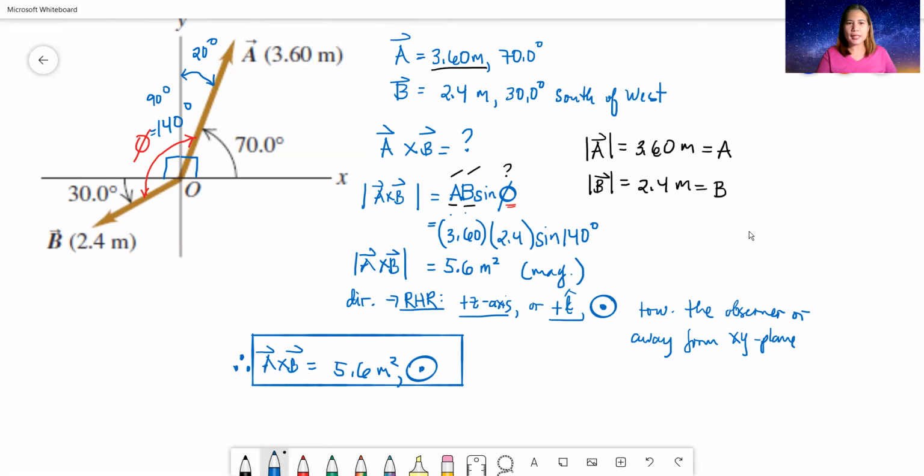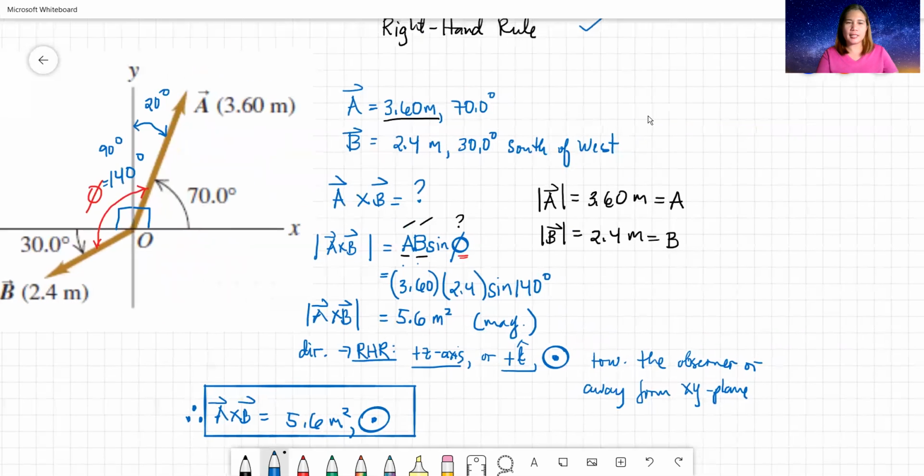Now, in my next video, we will try to use the same vectors here, A and B, but we will use another method. So what is clear here, class, is this.